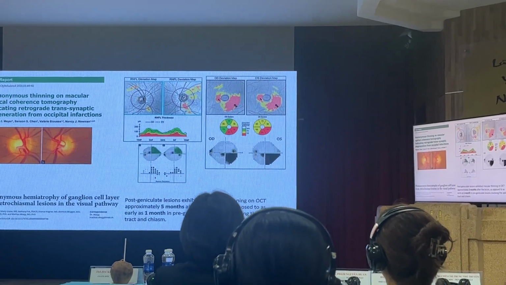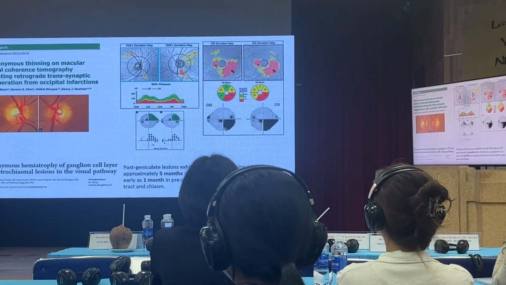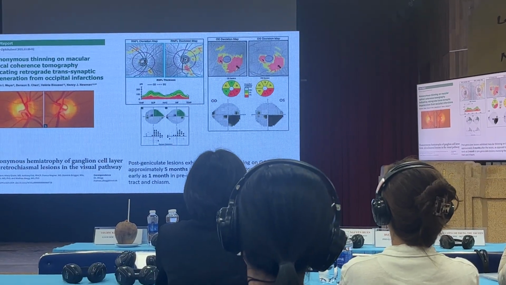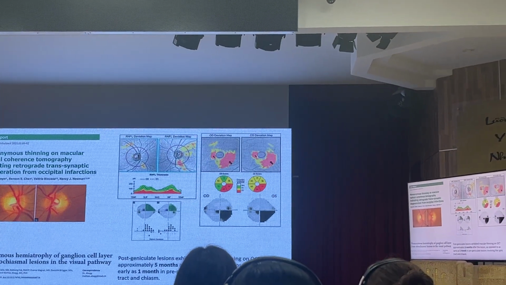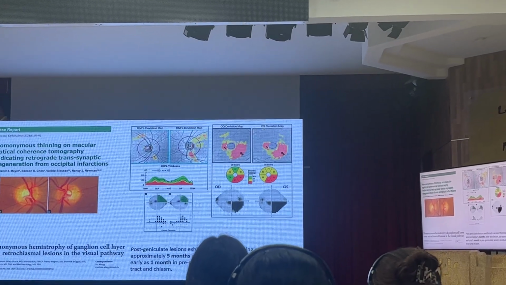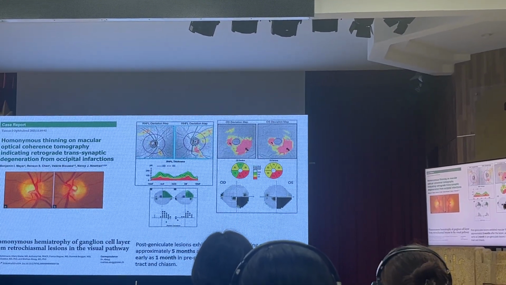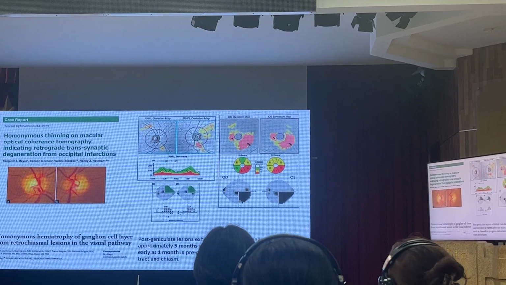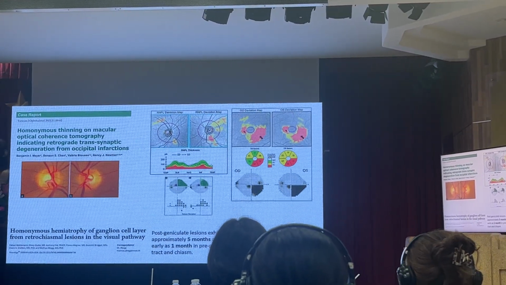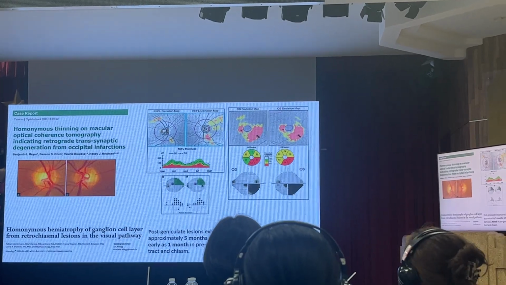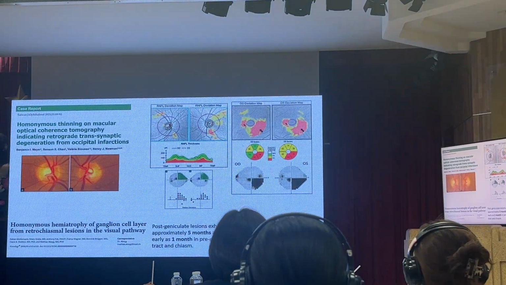If you look at the literature and try to find out how long it lasts, whether you can see something with OCT in the retina in the sense of descending atrophy, you will see that in this paper, the estimation is about 5 months before you see any change in the ganglion cell layer thickness. So it's a follow-up examination on the long run.